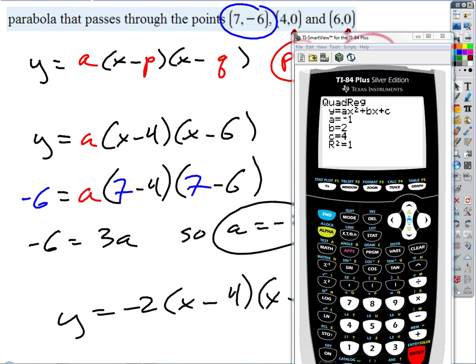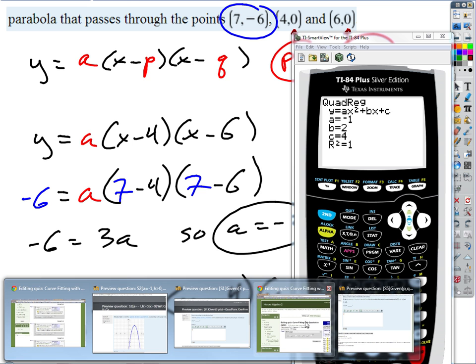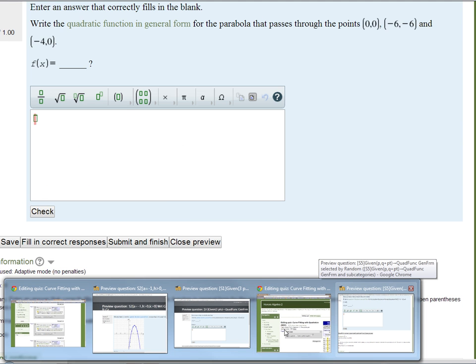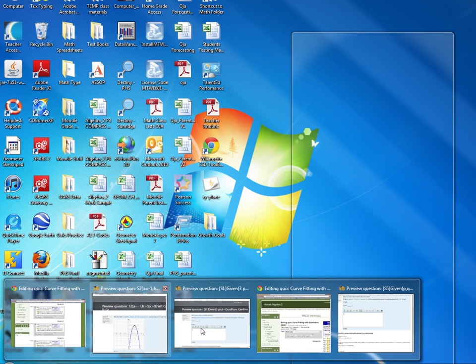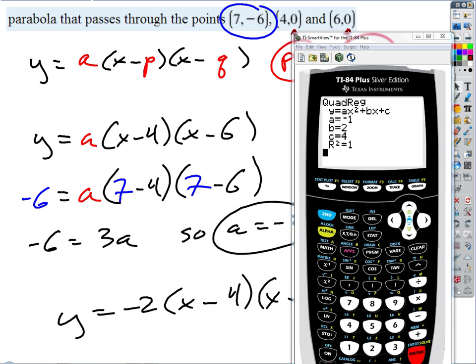How could we use this for the examples that we looked at for vertex form? Like, for example, I'll pull up another one.